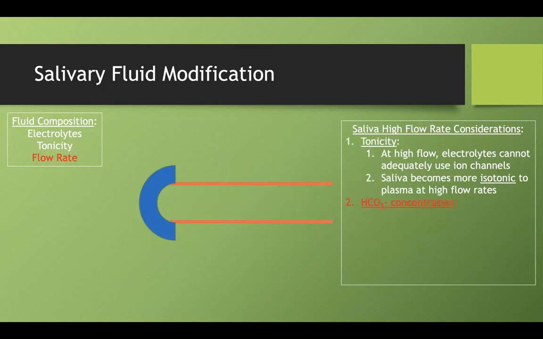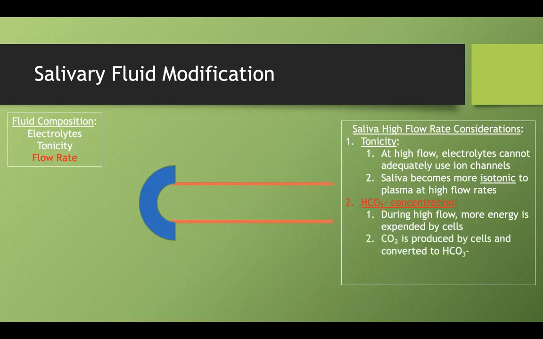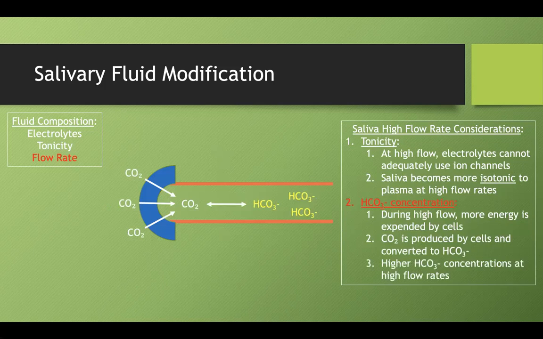Bicarb has this special feature where at high flow rates, your acinar cells are working so hard, they're producing a lot of CO2 as a byproduct, and that CO2 will actually enter the ducts, just diffuse into the ducts, and through carbonic anhydrase, that CO2 can get transitioned into bicarb, which will increase your bicarb levels at high flow rates.